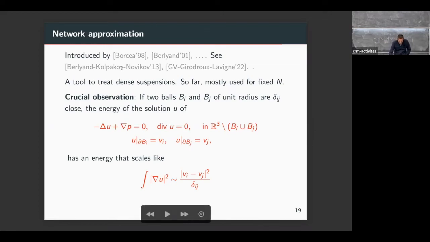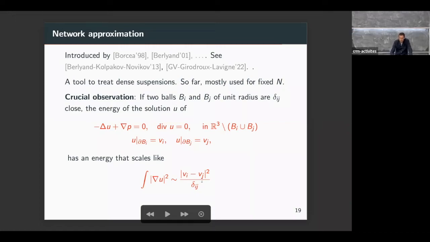Okay, so what is the idea behind the network approximation that can help to gain understanding of the behavior of the suspension? Well, the starting observation is that if you have two balls, Bi and Bj, which are very close, so the distance between them is delta ij, very small, and you look at a Stokes solution outside these two close balls, then you can prove that the energy behaves at leading order like the square of the difference of the velocities on the two balls, divided by the distance.